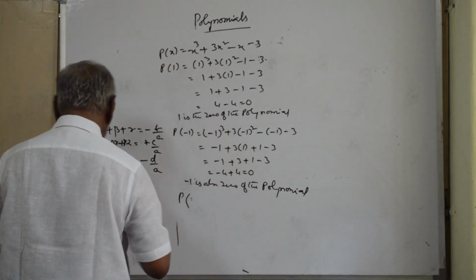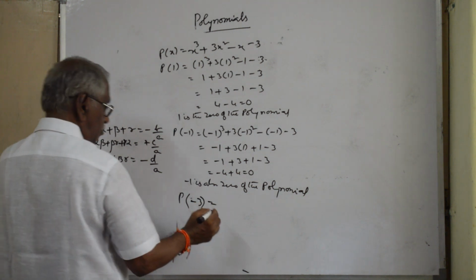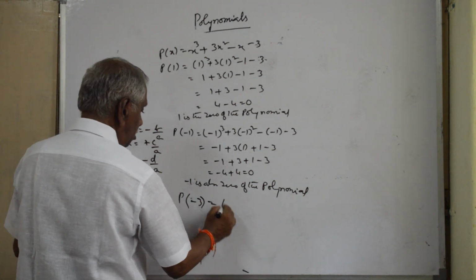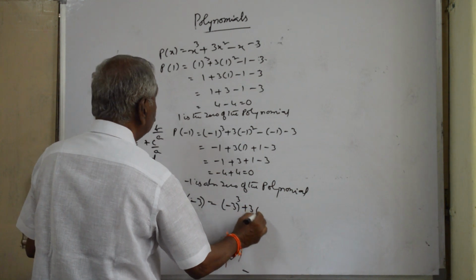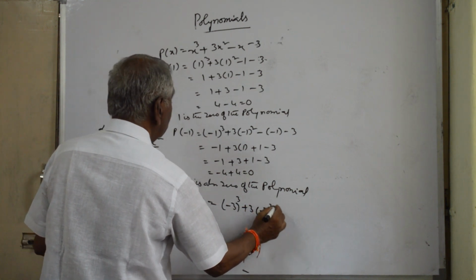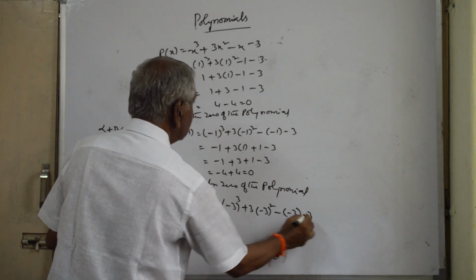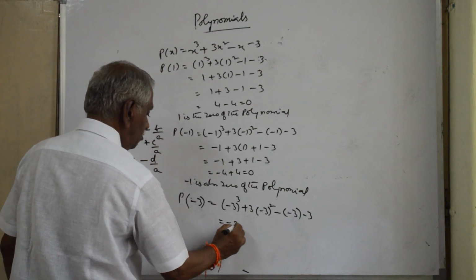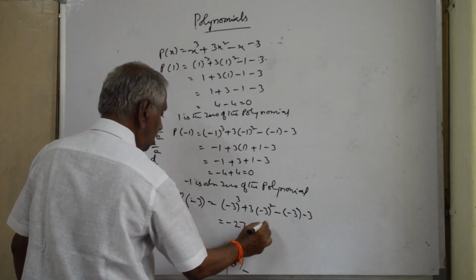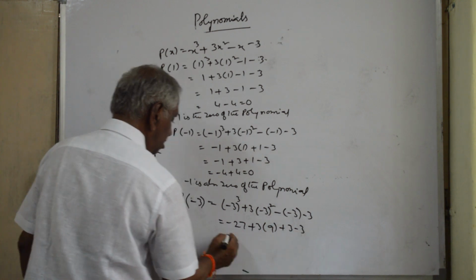Now we take P of minus 3. P of minus 3 is equal to minus 3 whole cube plus 3 into minus 3 whole square minus of minus 3 minus 3. Minus 3 whole cube is minus 27, plus 3 into 9, plus 3 minus 3.